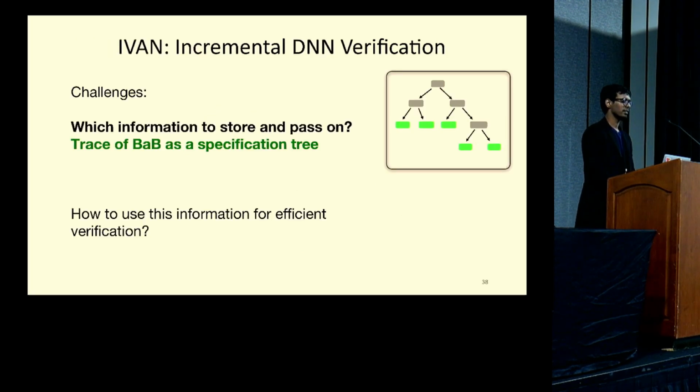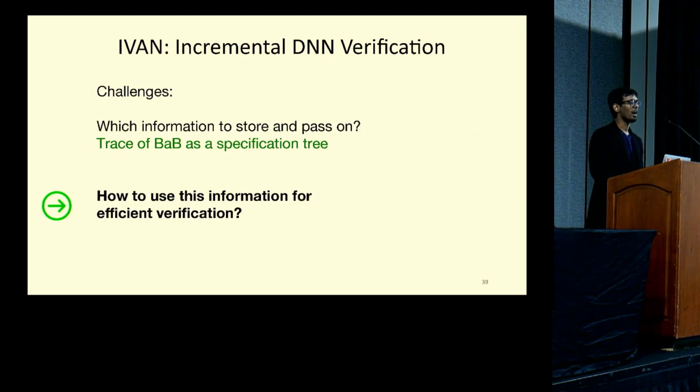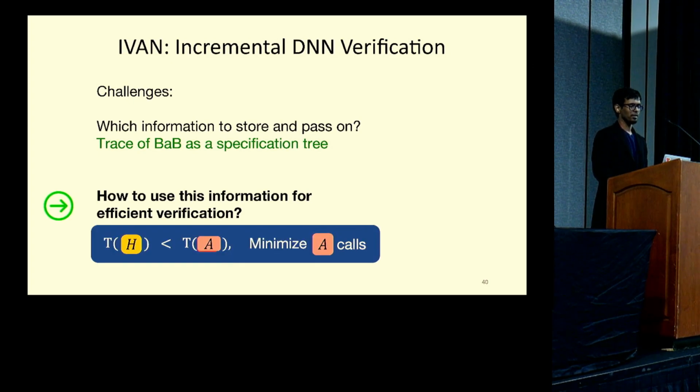And the next challenge is basically how can we use this specification tree for faster verification of the updated network. Note that for most of the BAB-based verifiers that we consider, the analyzer call is expensive compared to the branching heuristic, and our goal is to minimize the number of analyzer calls that we make.